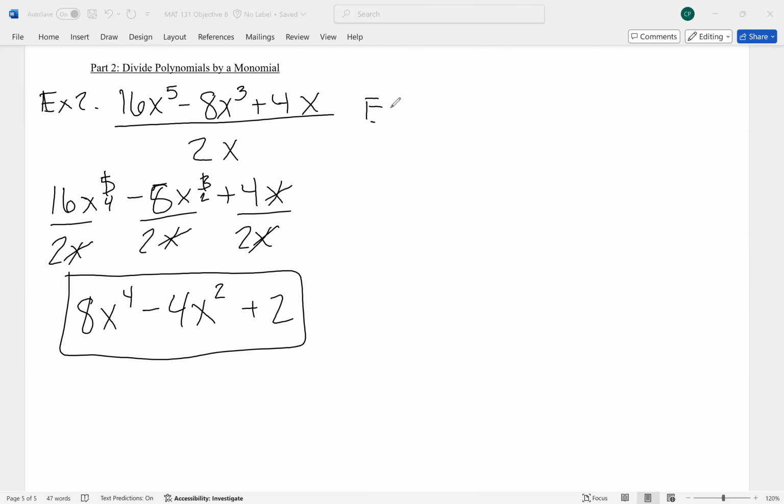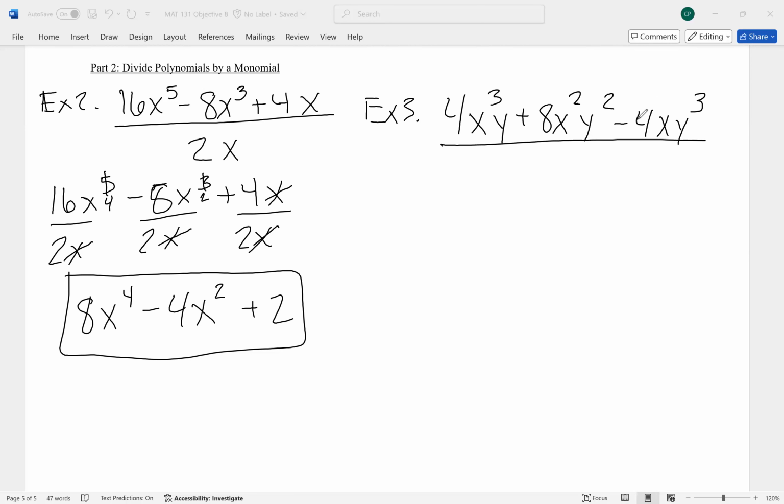Let's look at this one. We got 4x cubed y plus 8x squared y squared minus 4xy cubed all over 2xy.